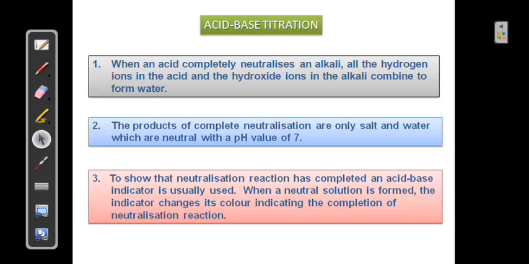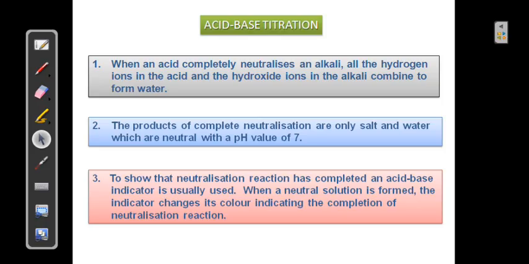How do we know that it has been neutralized? We'll use an indicator, which will give you a particular color. The moment you add the opposite substance: if it's alkali, you add acid; if it's acidic, you add alkali.